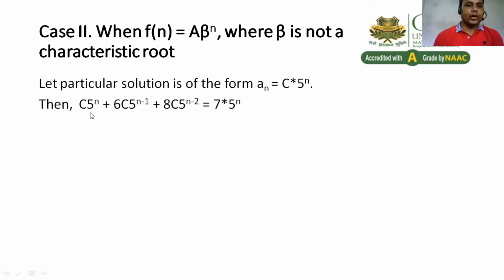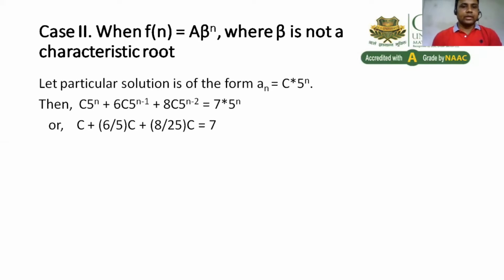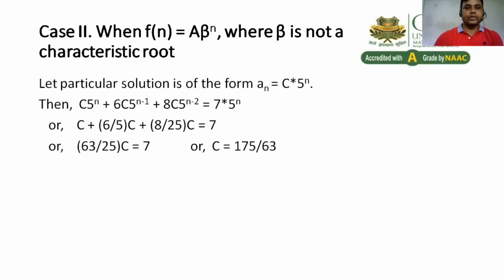Now we can take 5 to power n common, and it will be cancelled from both sides. So we obtain c plus 6 by 5 c plus 8 by 25 c equals 7. If we simplify this, you will get c equals 175 upon 63 in this problem.